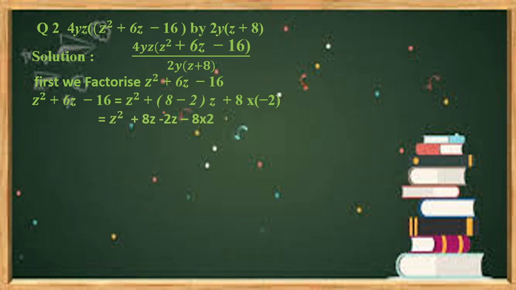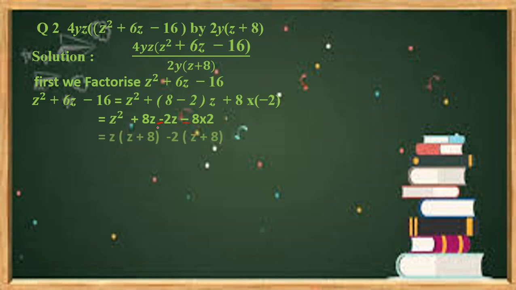Now open the bracket, so we get z square plus 8z minus 2z minus 8 into 2. From the first and second term what can we take common? Correct, z. And from the third and fourth term, we take minus 2 common, as the minus sign is also common in the third and fourth term.